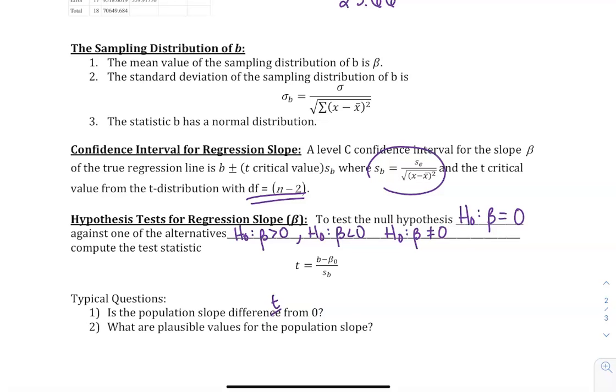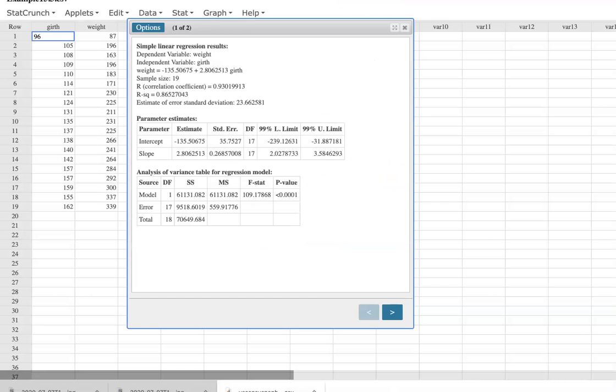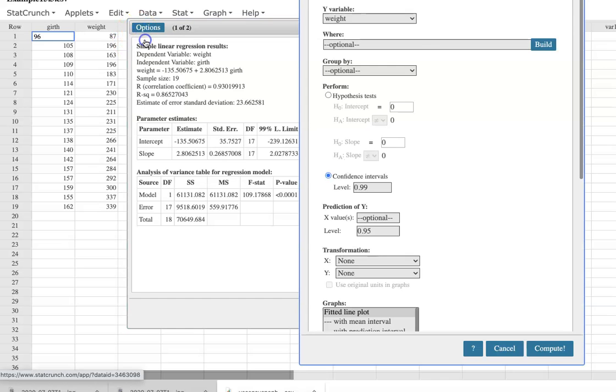So let's go to StatCrunch and answer that question. So now, instead of the confidence interval, I simply want to go to hypothesis test. And now here, we can do an intercept and slope, but we're just going to be interested in slope in this course. And so like I said, it's usually 0, but if you needed to test anything else, you could change that here. And then you pick your alternative. So here, we want to see if this really is a positive slope, so we're going to set that greater than 0.